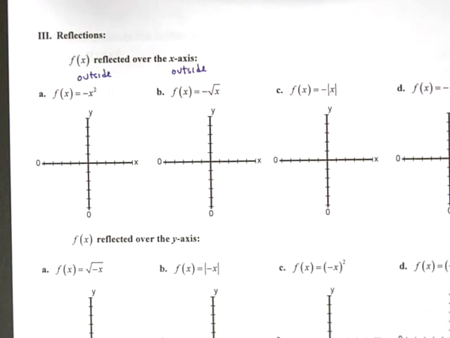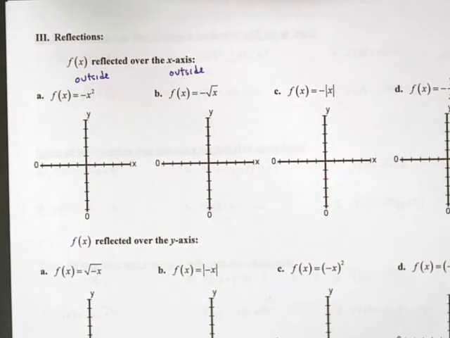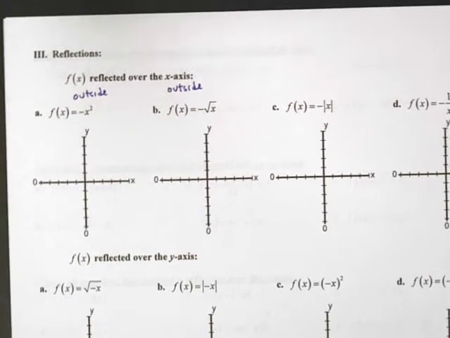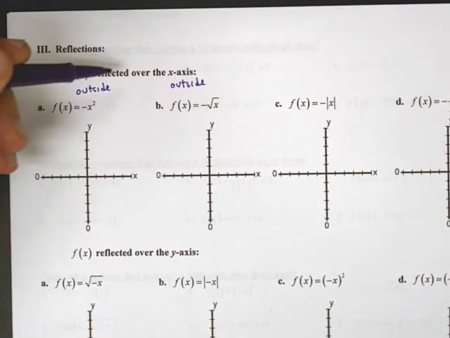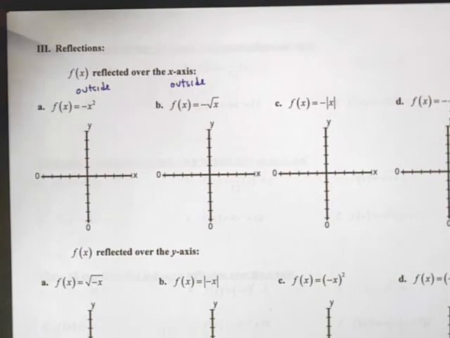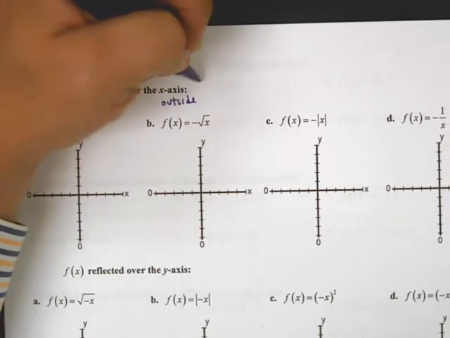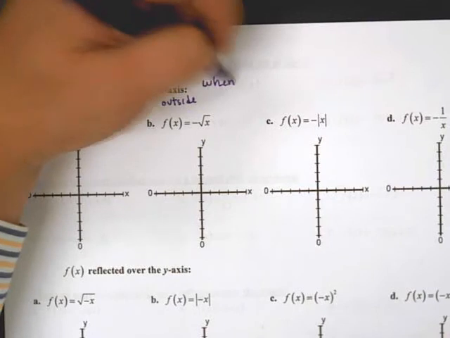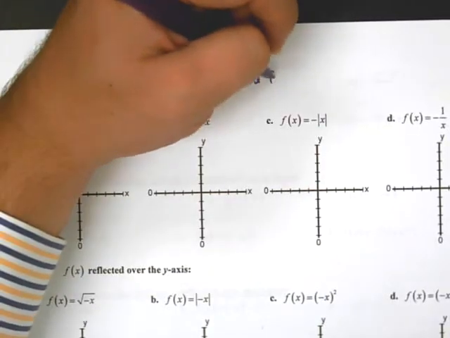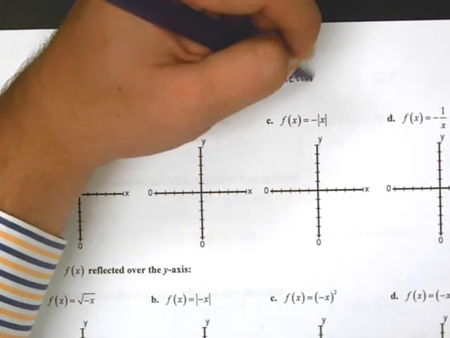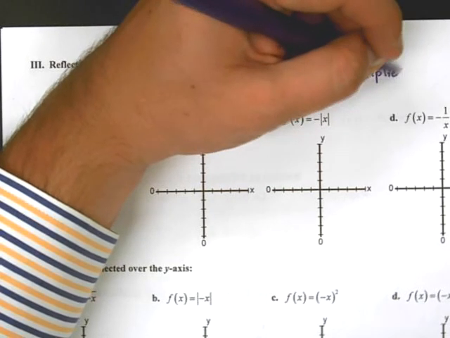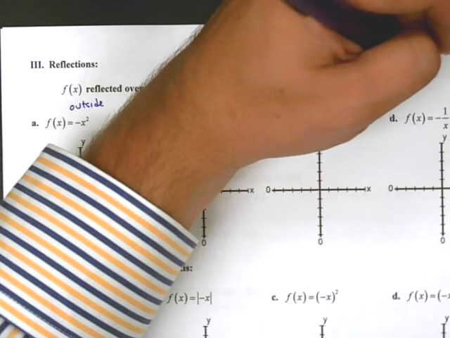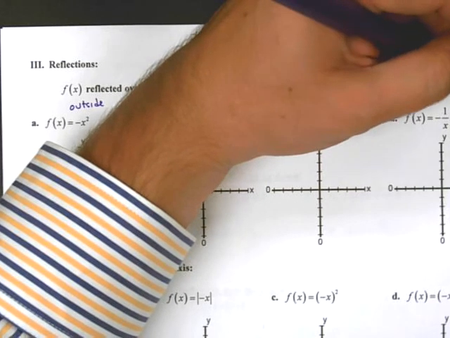Okay, so what I want you to take away here is that we will know that f of x is reflected over the x-axis when the function is multiplied by a negative.